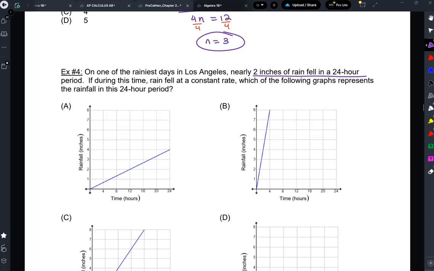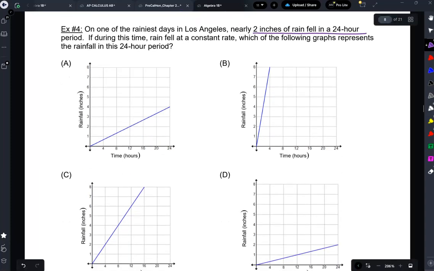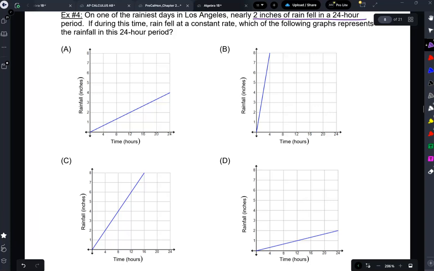So we're going to look at this, and you're going to think about this, and we're going to do a little bit of a vote. So raise your hand if you think it's A. Okay, how about B? How about C? How about D?